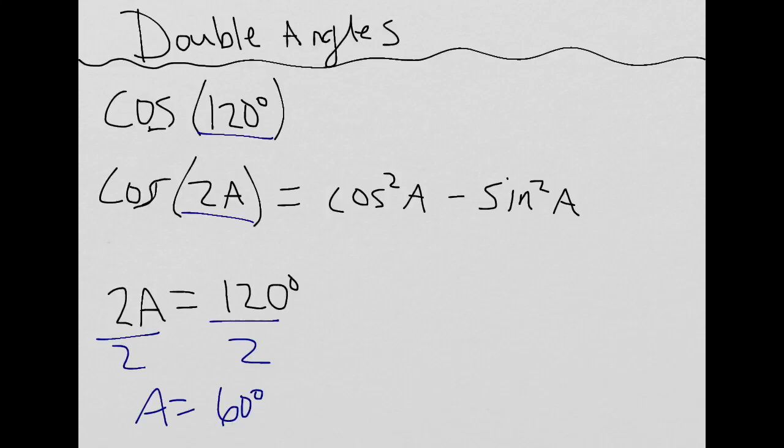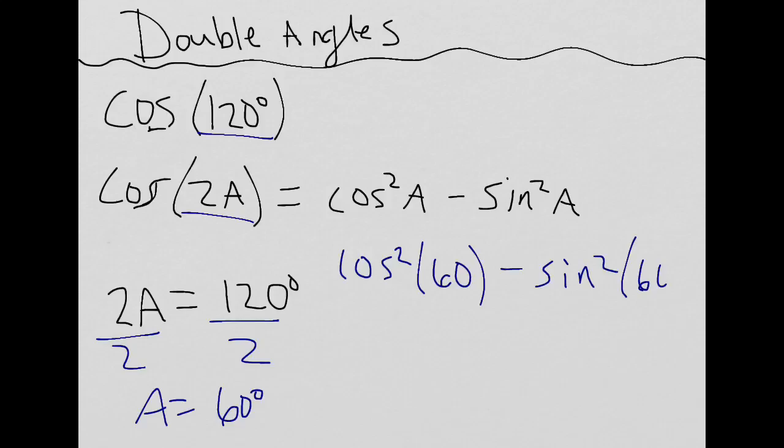So once we found a, we can plug that into the formula. And so the cosine squared of 60 degrees minus the sine squared of 60 degrees. So on your test, even though we know the cosine of 120 degrees, if this problem were to be on there, I would still want you to show me this.